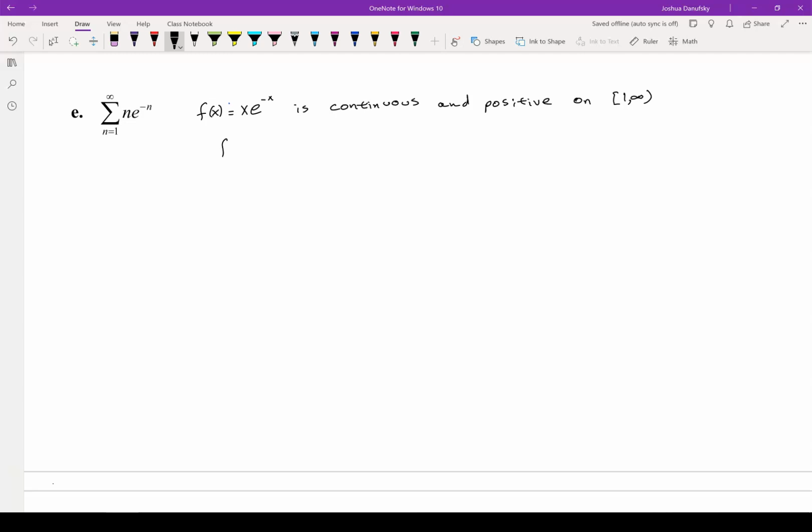So let's go ahead and look at f prime using the product rule. The denominator is always positive, and the numerator will be negative for x greater than 1. This shows that f is indeed decreasing.